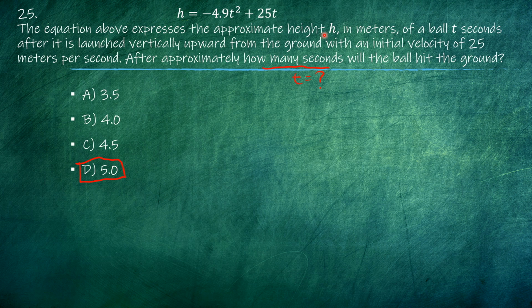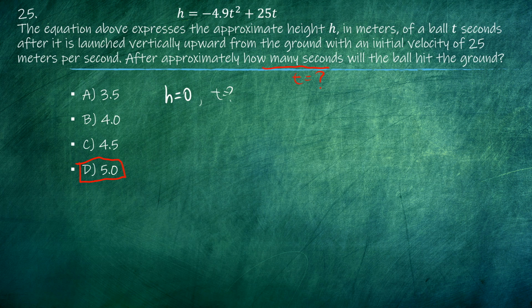And we know h is the height of the ball after a certain time t. So really what this is asking is to have you set h is 0 and find at what time, t is equal to what? Because when the ball hits the ground is at a height of 0, correct?